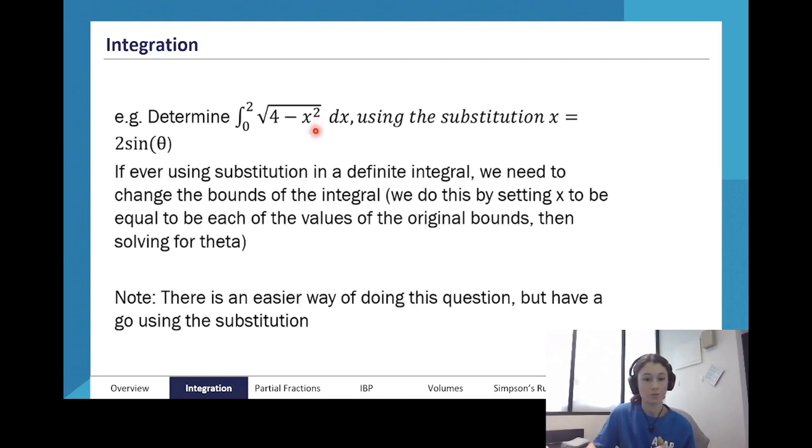Your next thought might then be, oh, nonlinear substitution, we have a nonlinear component, we'll just chuck it in.